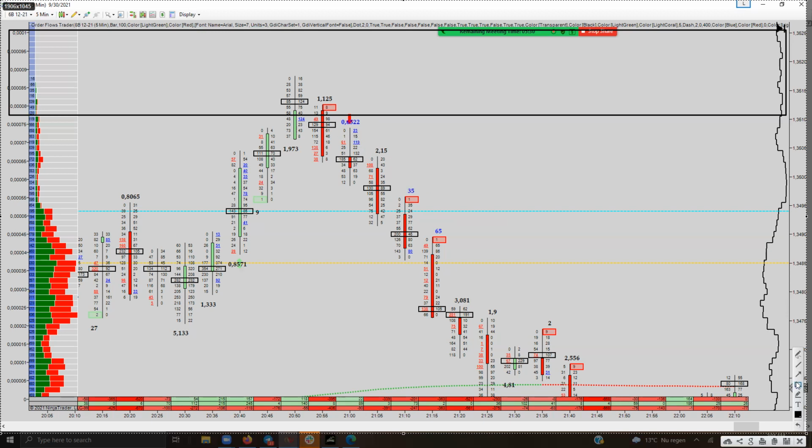In order flow, if you don't know, let me explain one more time. If this is an order flow candle, this side is offer or ask side, and this side is bids, the left side.